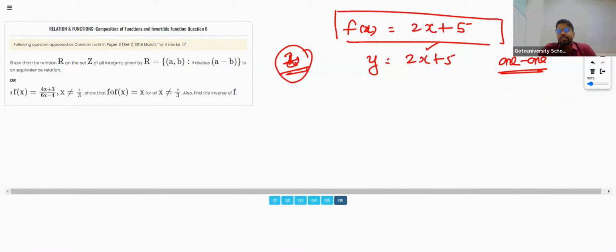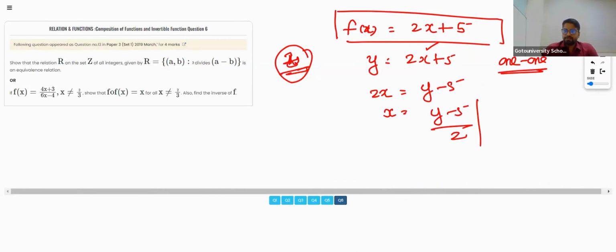Now I want to know the inverse of this function. So what is the inverse of this function? First rearrange this, finding x in terms of y. So what I got is this much. Now you replace all this y by x, and that is its inverse. It's very simple.